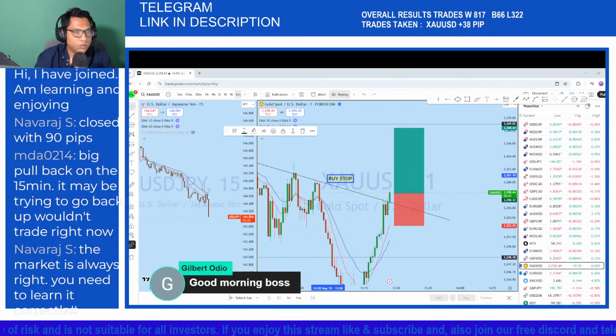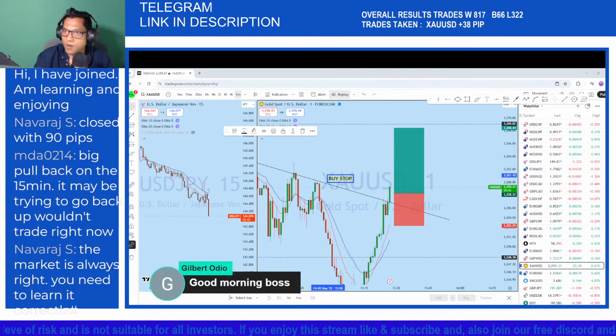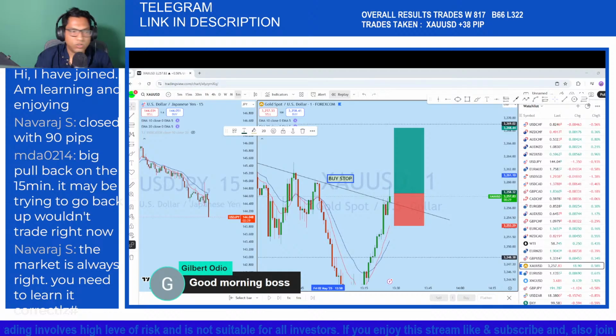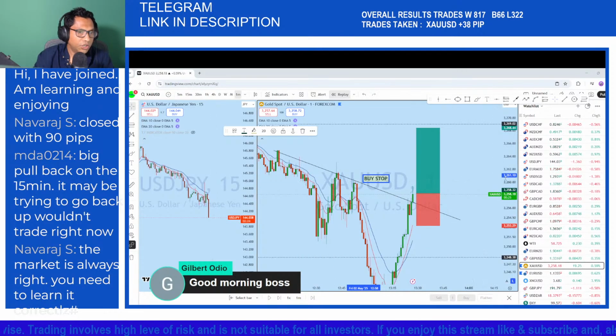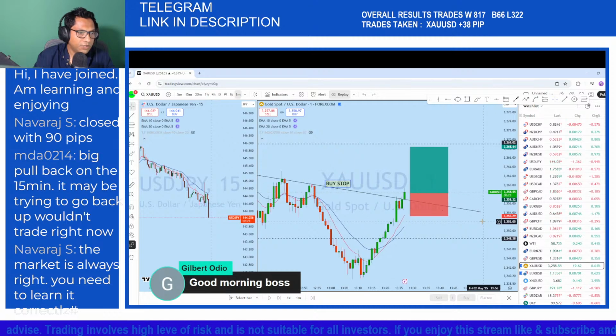So it has just crossed that. I'm entering by market in that trade. I am on this trade, the bullish trade here on XAUUSD.